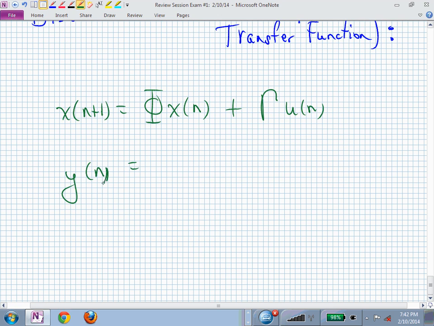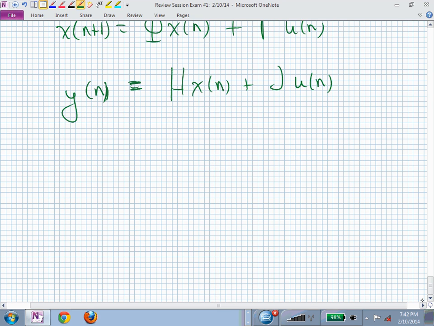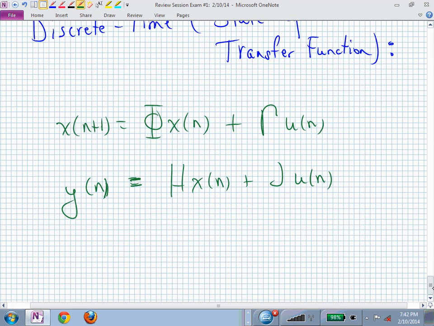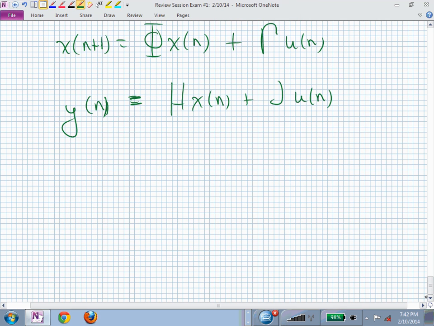And then we have our output equation, which is y of n, no dynamics, h, x of n, plus j, u of n. Now the beauty of this formulation is I don't really have to worry about the dimensions of y, u, and x.